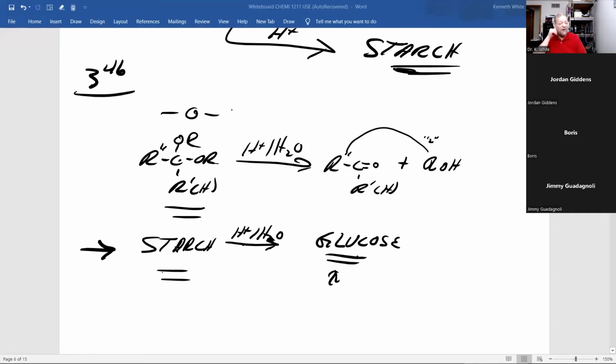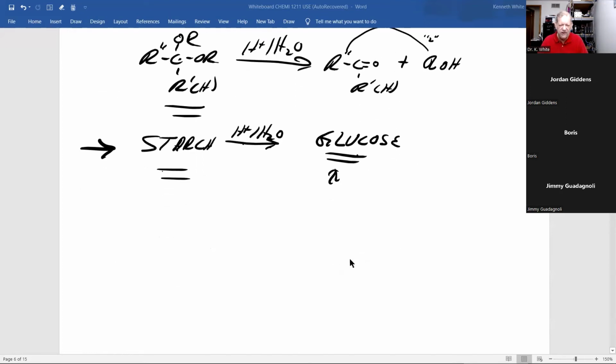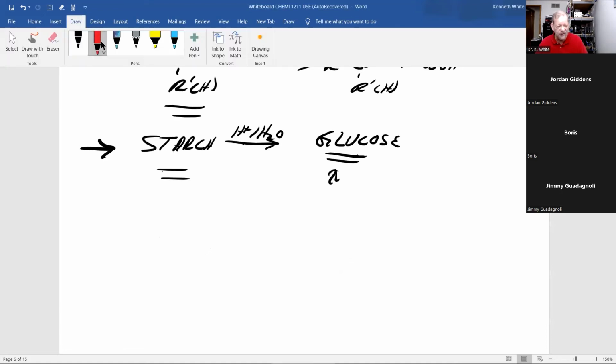We're talking about how if you eat starch, because of the acetal linkages between the glucose molecules, you get back glucose. Now, you should know, hint, I better write it in red.